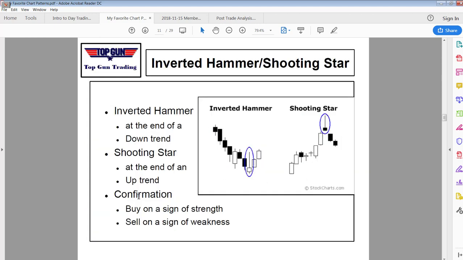Inverted hammer, shooting star, similar to the one we just talked about. Here's the inverted hammer. A lot of people see this as a sign of weakness. In fact, it's a sign of strength. The shooting star is most definitely a weak signal, especially when it's combined with the uptrend before.